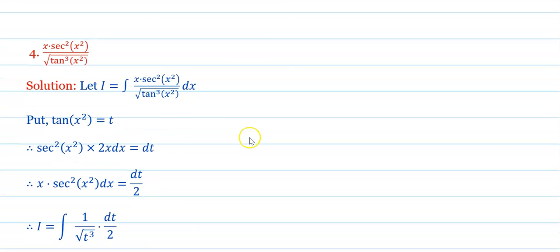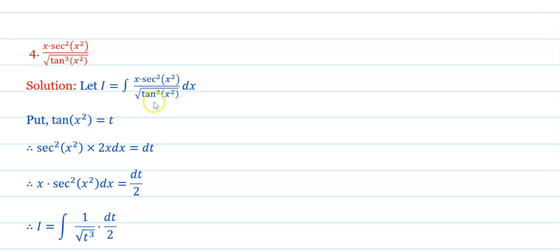Next, problem number 4: x into sec square of x square upon root of tan cube x square. Now let I be equal to the integral of x sec square x square upon root of tan cube x square into dx. Now what is the substitution? tan of x square is t.